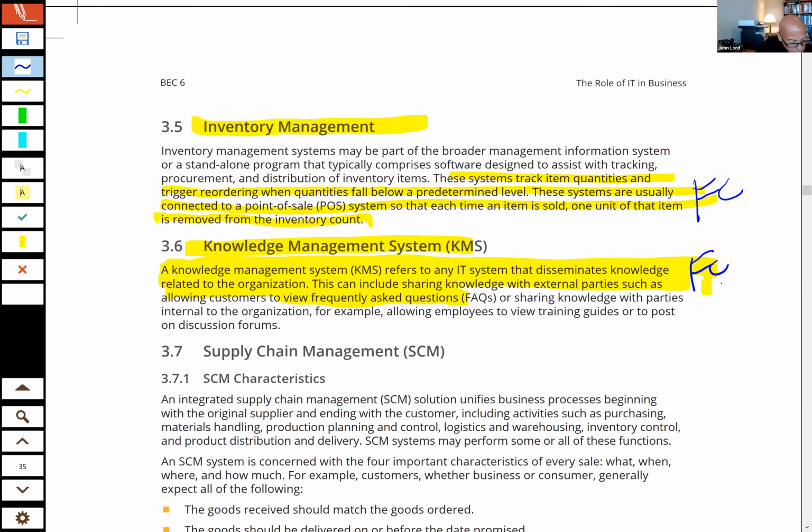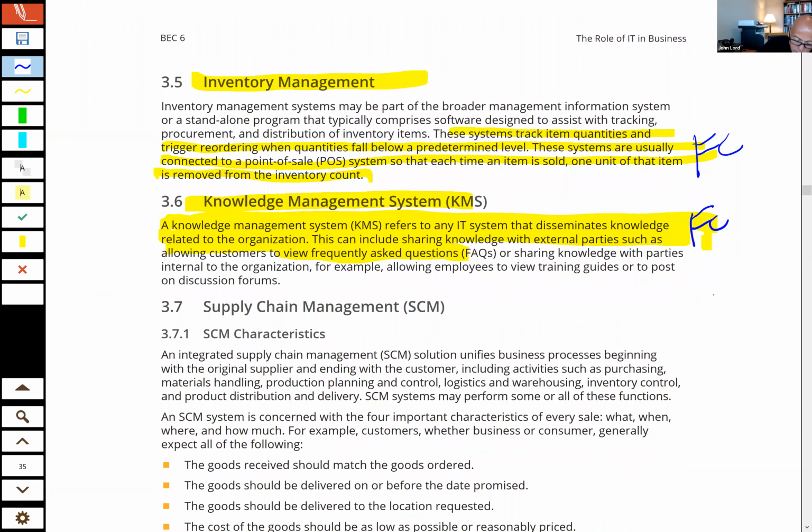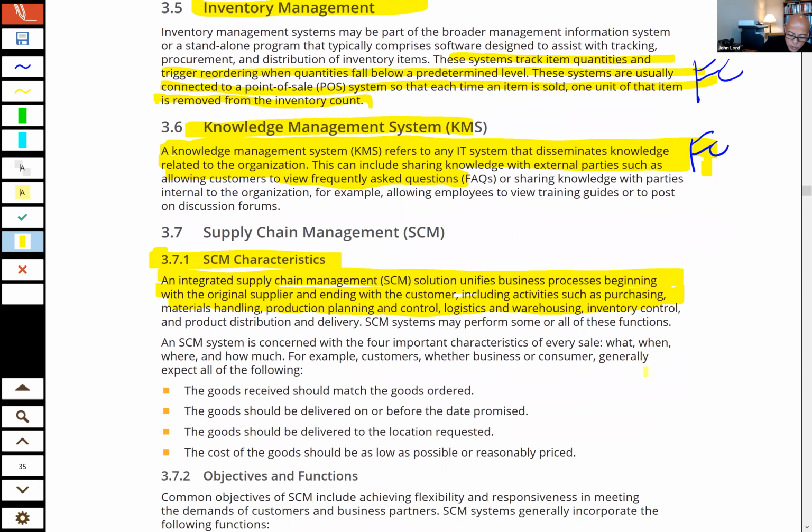Okay, supply management systems, characteristics. An integrated supply chain management system unifies business processes beginning with the original supplier and ending with the customer, including purchasing materials, handling, production planning and control, logistics, warehousing, inventory control, the whole function until the item is finally in the hands of the customer.